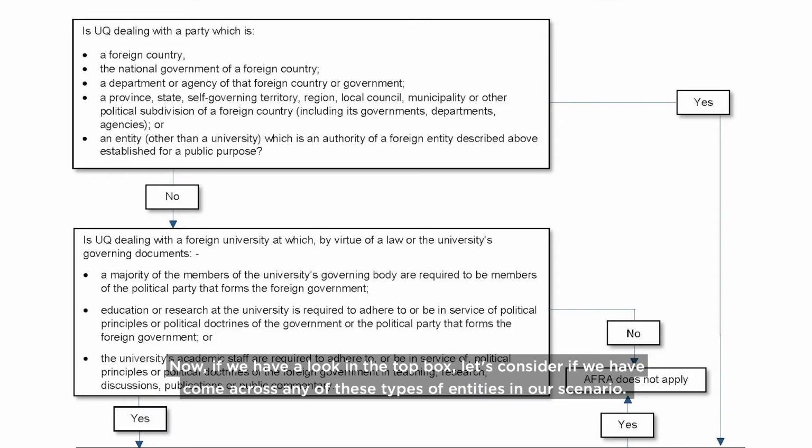Now, if we have a look in the top box, let's consider if we have come across any of these types of entities in our scenario.